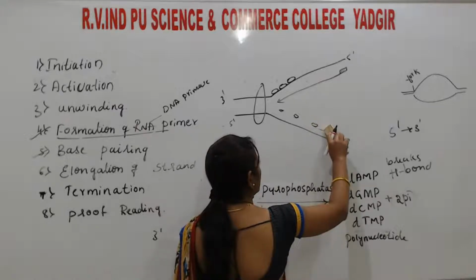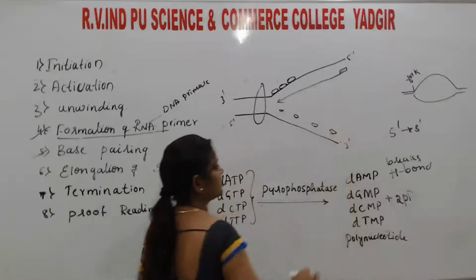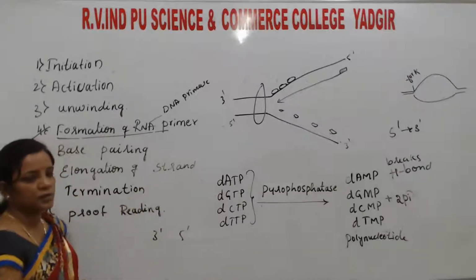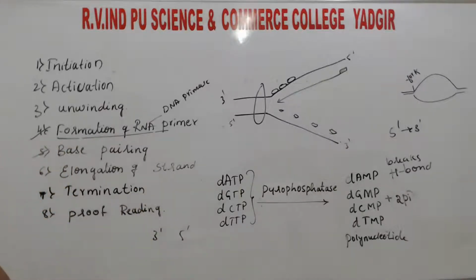The DNA polymerase enzymes alpha, beta, gamma, delta, epsilon are responsible here. Then the DNA strand is established by the diester bond and gets linked to the DNA strands.